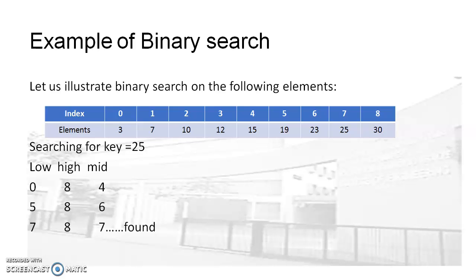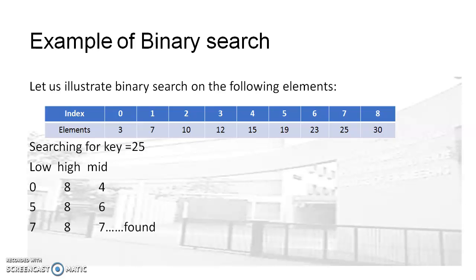Here we have an array of elements stored from index 0 to 8. You observe that binary search requires the elements to be in sorted order. So binary search can be applied only on sorted data. Let's take an example where we are searching for the key 25.